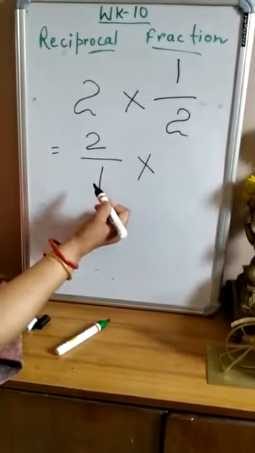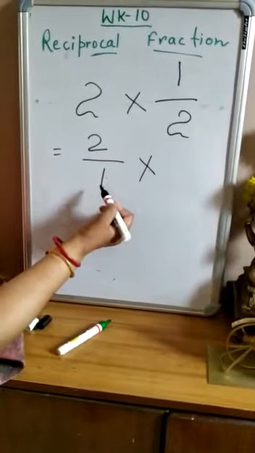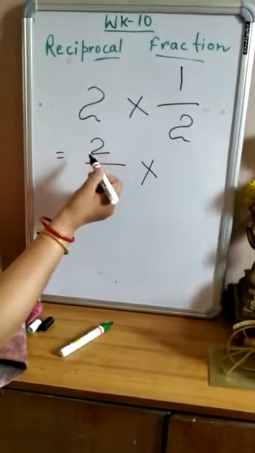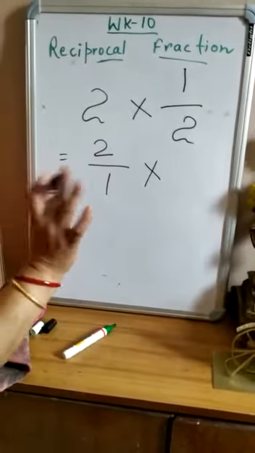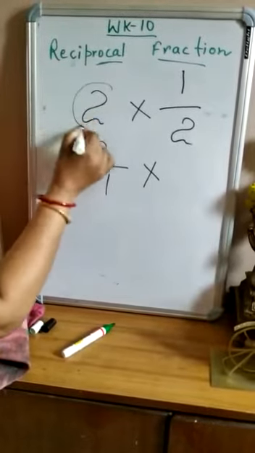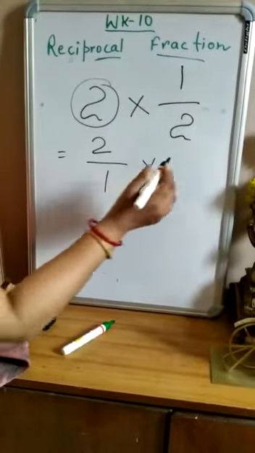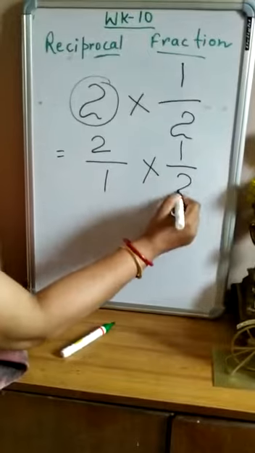There is a 1 as the denominator of every whole number when no other denominator is there. This is the single whole number 2. So we write 2 by 1 and it is multiplied by 1 by 2.